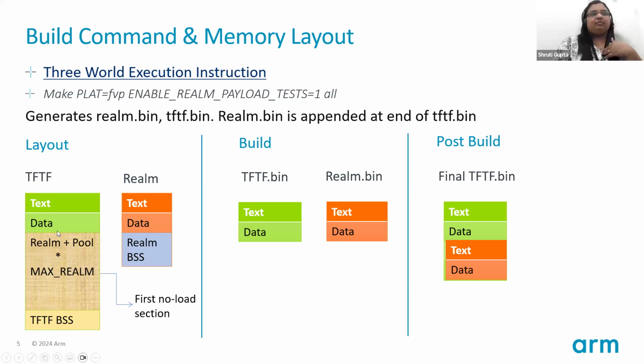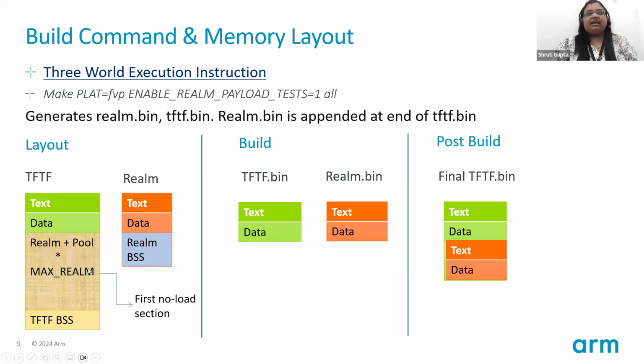So this is how the memory layout is. We have all the loadable sections of TF-TF, and we have reserved a section for the realm image and a pool of memory to be used for realms. And this is the macro I was talking about, the max realm count. We can just modify this macro and increase the number of realms supported.